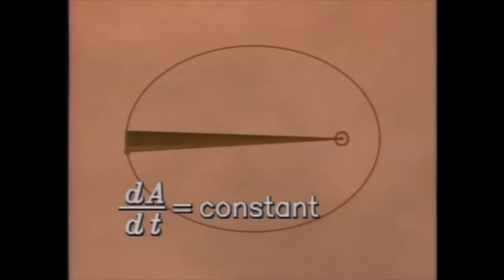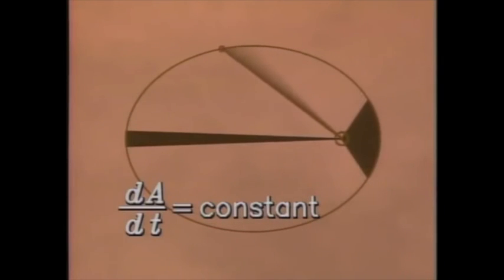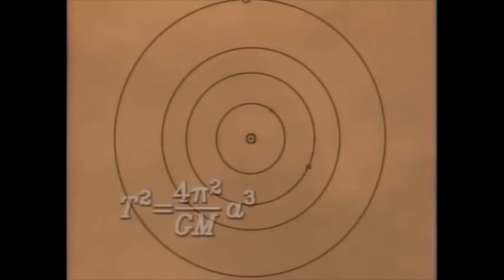Kepler's second law permitted astoundingly accurate computations of distance and velocity. His third law came 10 years later.